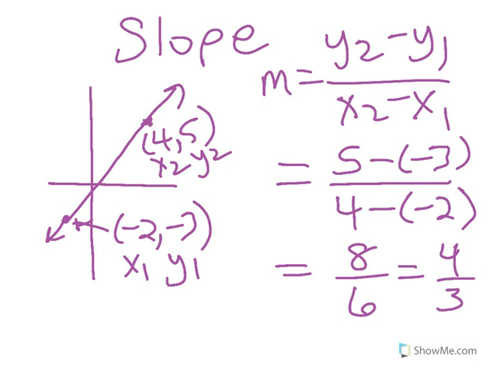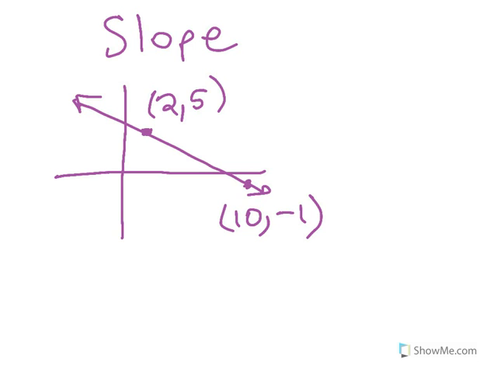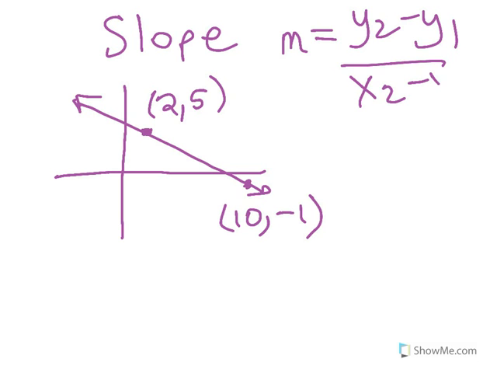Now let's look at a decreasing line. See how its slope looks. Remember the formula, m equals y2 minus y1 over x2 minus x1. Remember that I always work from left to right. So 2 is my x1, and 5 is my y1, 10 is my x2, and -1 is my y2.